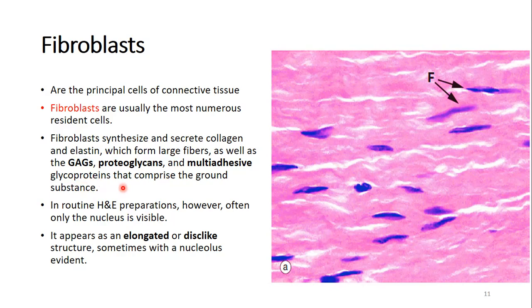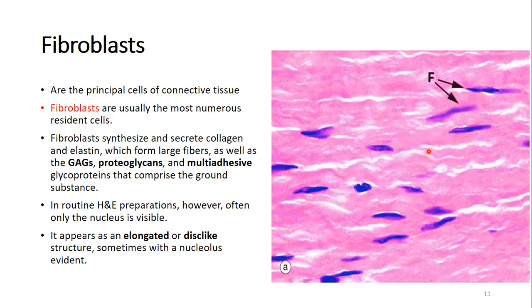Okay. Now, in this image, we see these nuclei. These are the nuclei of fibroblasts. And these purple wavy structures are simply the collagen fibers and elastic fibers. Now, if you see the distance between cells is wide, we didn't see such in epithelial tissue.